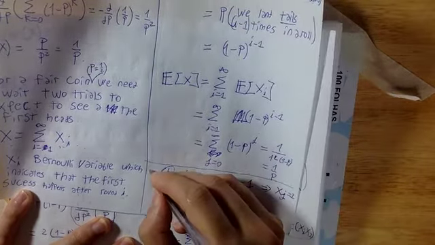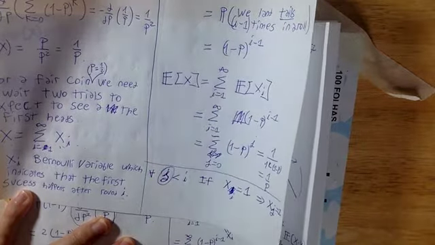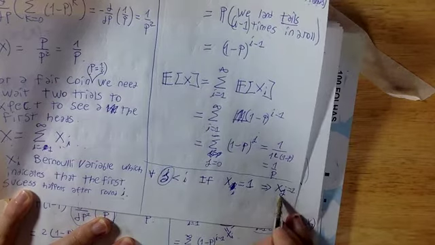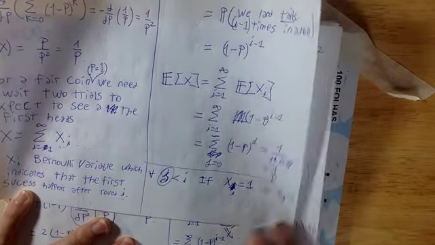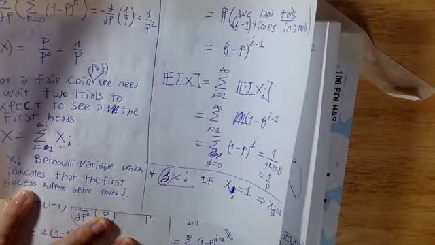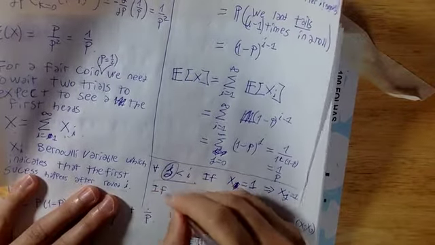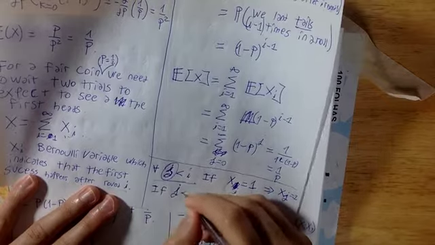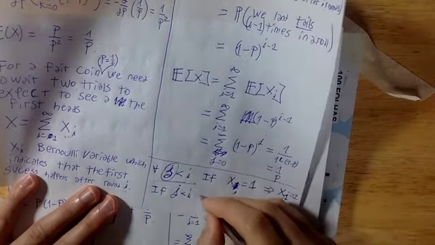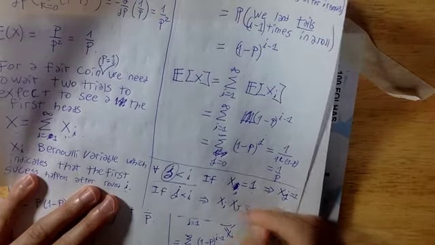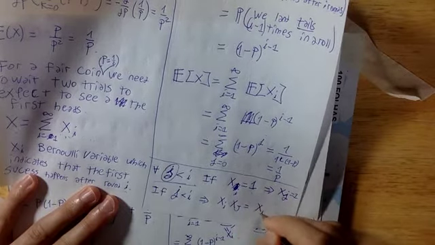So if j is less than i, then xi times xj is equal to xi.